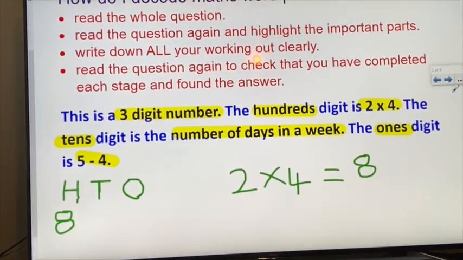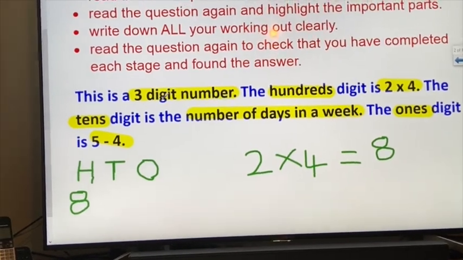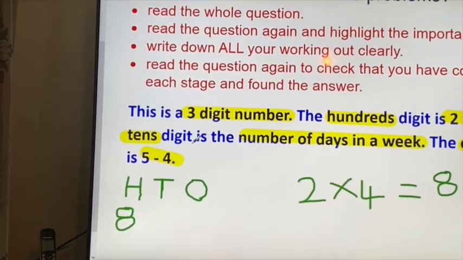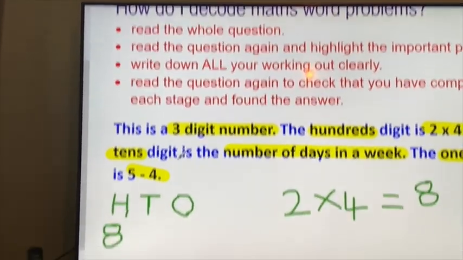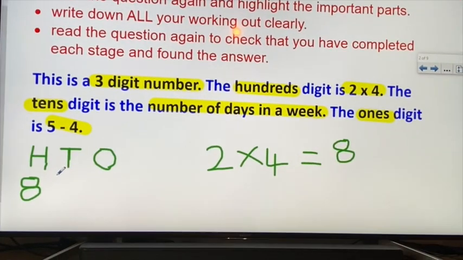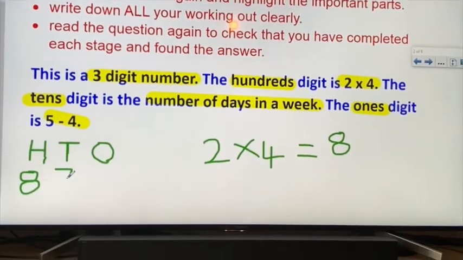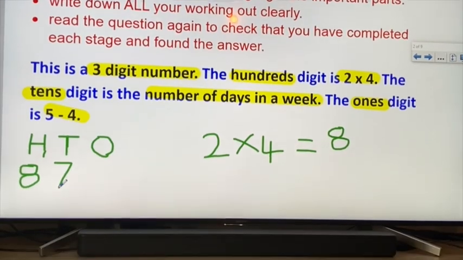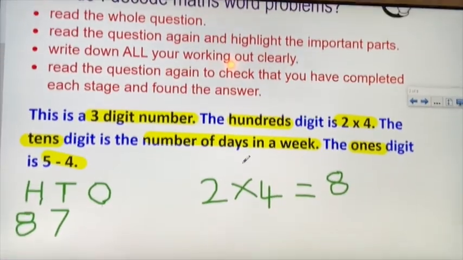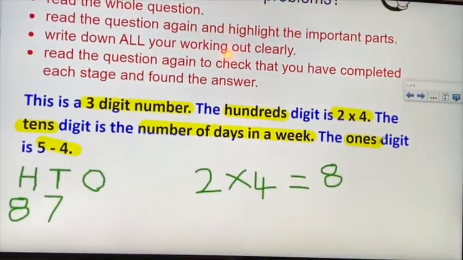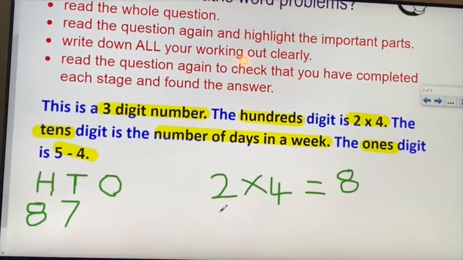The next part of the question says the tens digit is the number of days in a week. We all know that there are 7 days in a week, so we can just place the 7 straight away there. Then the final part of our problem, the ones digit is 5 minus 4.